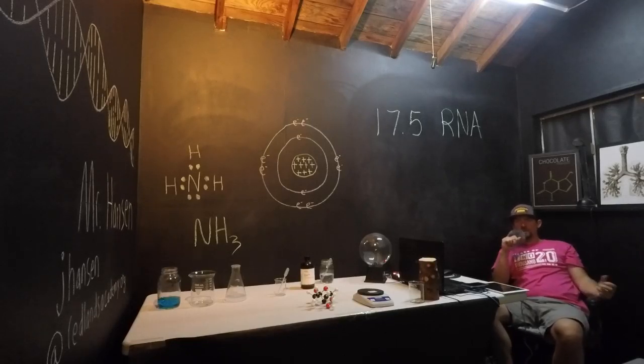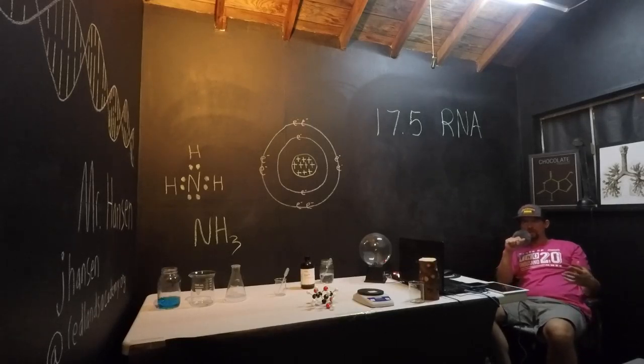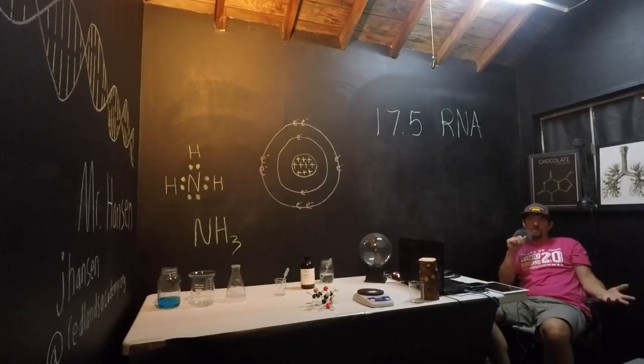RNA is going to still read the DNA and produce a new molecule of RNA, and then that RNA is read by another type of RNA that brings amino acids and makes a polypeptide. And there's even a type of RNA that says, hey, I'm just going to be here to make sure that this works right.